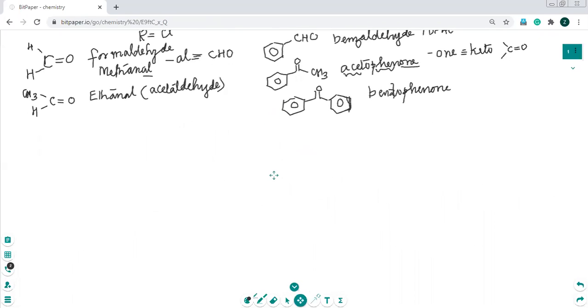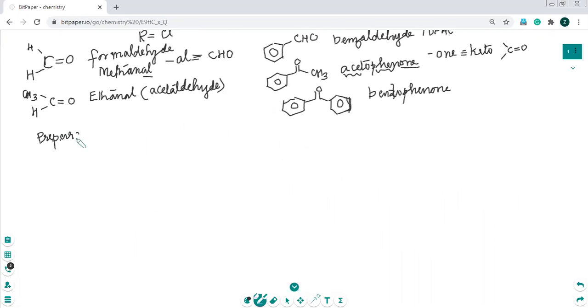Let us see what are the methods of preparation of aldehydes and ketones. I think we have already studied a few preparation methods. You can prepare aldehydes and ketones from alcohols.